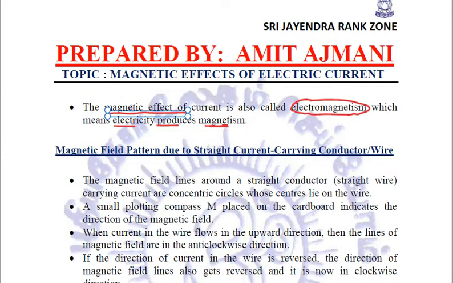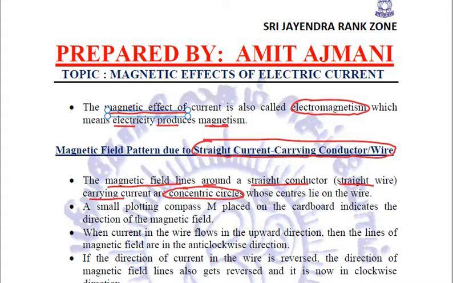Now what kind of magnetic field will be formed if we are taking a straight current carrying conductor or current carrying wire? If it is just a straight line and current is passed through that straight wire, how magnetic field is produced? The magnetic field lines around a straight conductor or a straight wire carrying current are concentric circles whose centers lie on the wire.